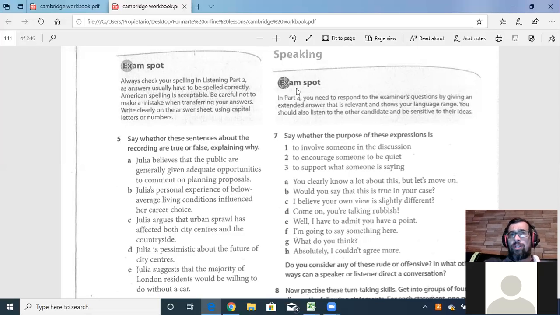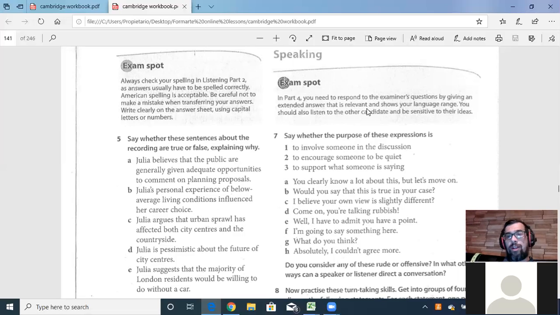If in part three we're talking about ways of communication, then part four is going to be related to communication. Sometimes in part four, we need to just discuss all that we have been talking about, and so there are some expressions that we can practice for part number four.